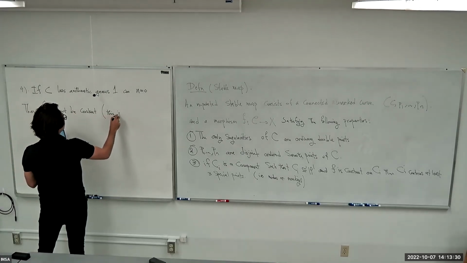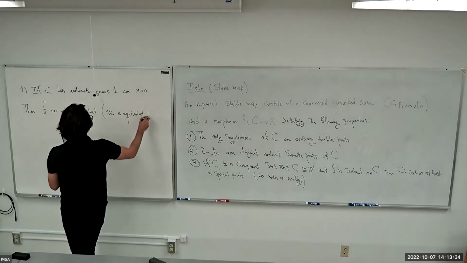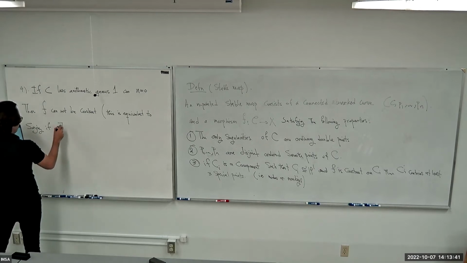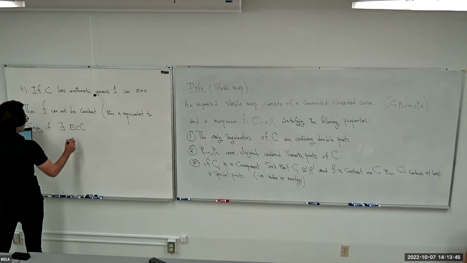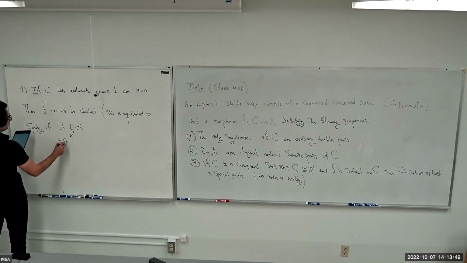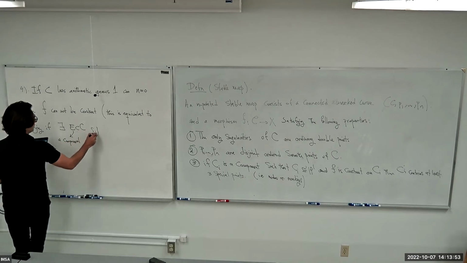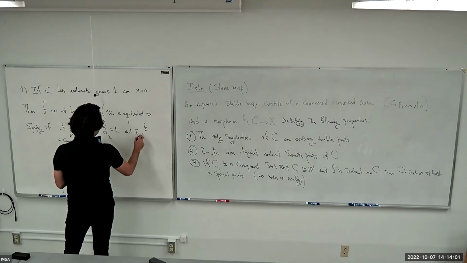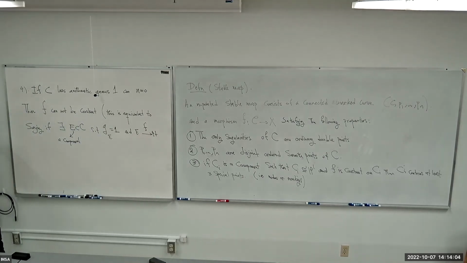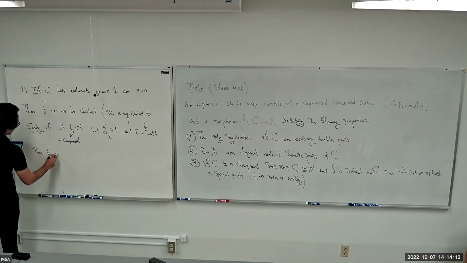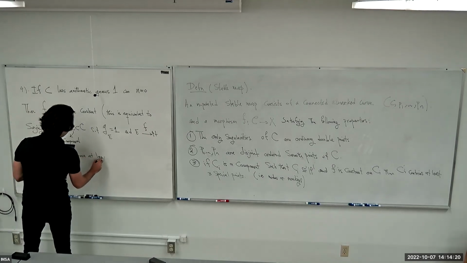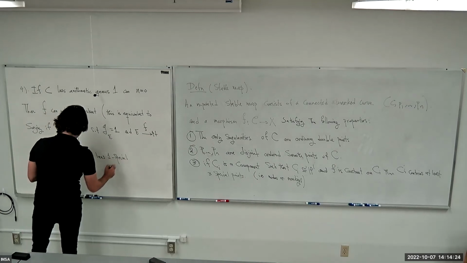This is equivalent to saying if there exists some E in C, a component, such that the genus of this component is equal to 1, and f is mapping this component to a point, then E needs to have at least one special point.